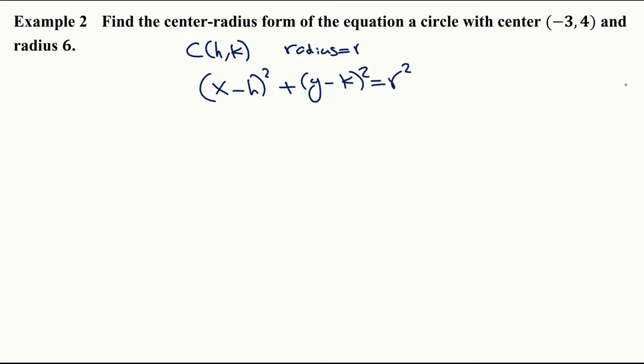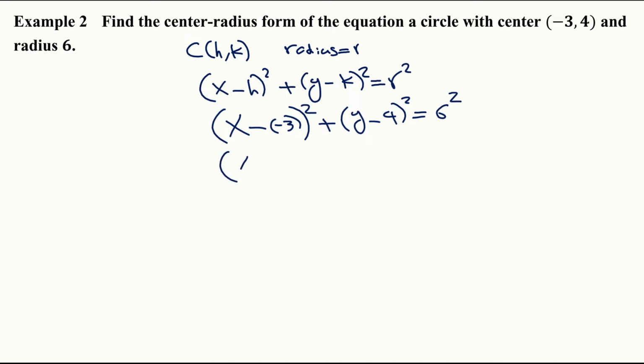So replacing h with -3 and k with 4 and r with 6, here's what we obtain. Quantity x minus, here we're going to need another parentheses because we have to go minus -3 inside it, and then squared plus (y minus 4) squared equals 6 squared.